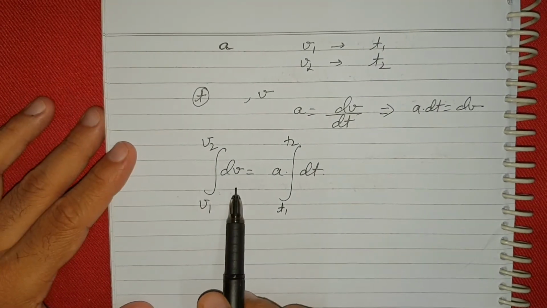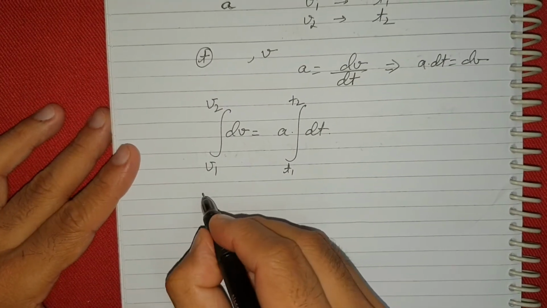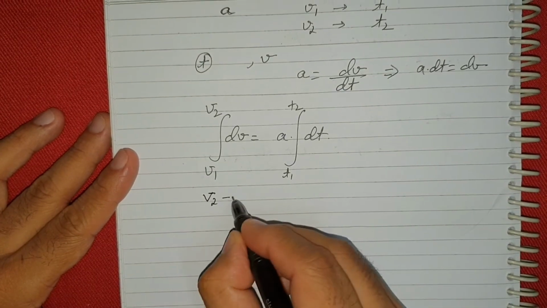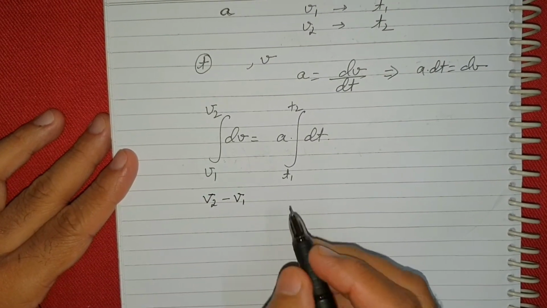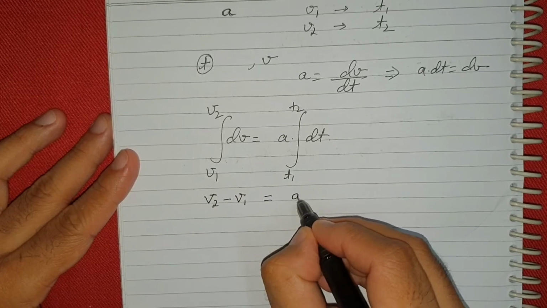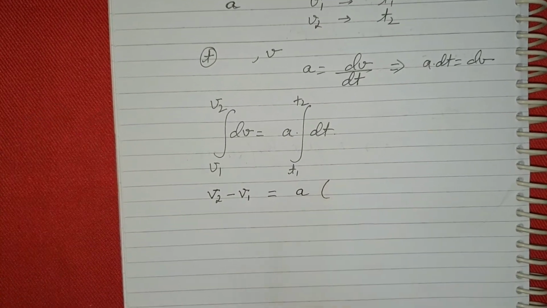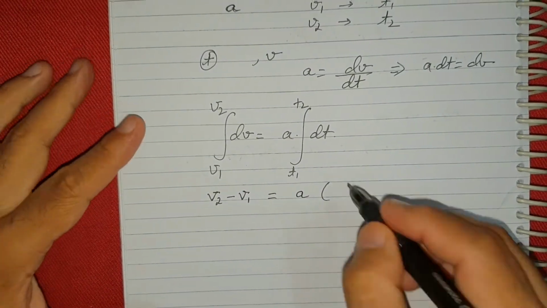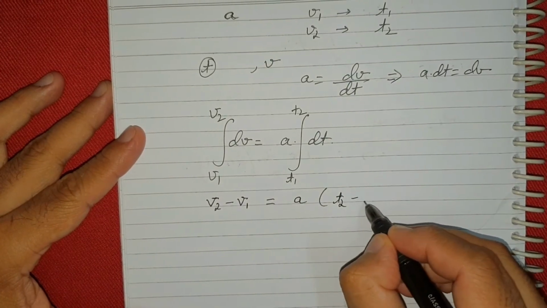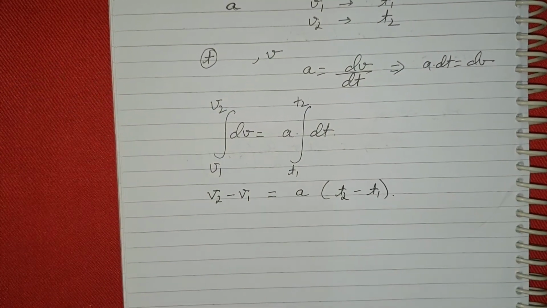Integrating gives v2 minus v1, which equals a. Again this is dt, and on integrating this will become t, so that will be t2 minus t1.